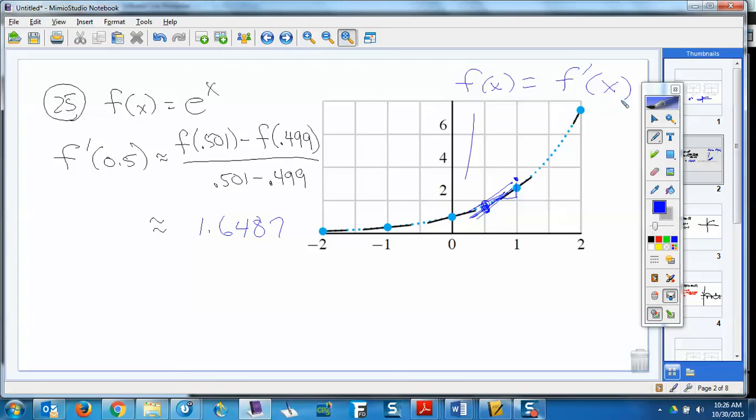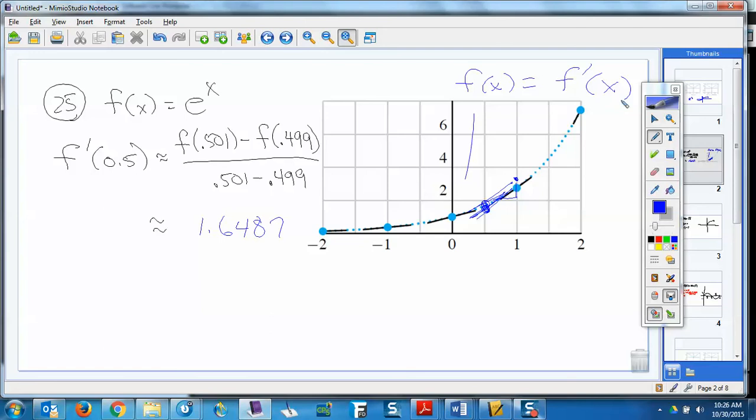And that is that it is the only function of all the functions, other than a simple function like y equals 0 or something like that, where its outputs are the same as the slopes at that point.